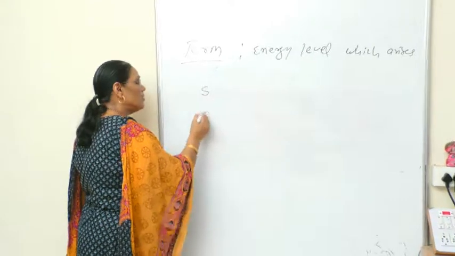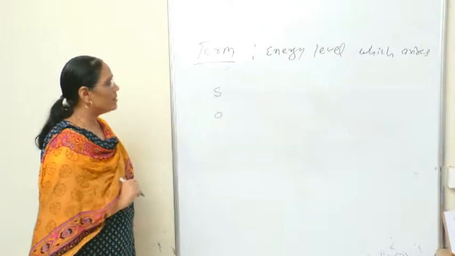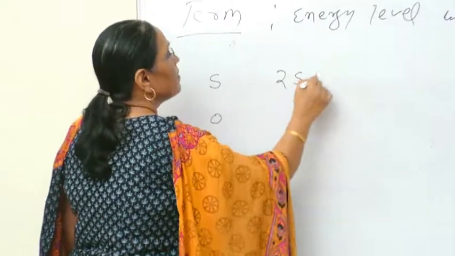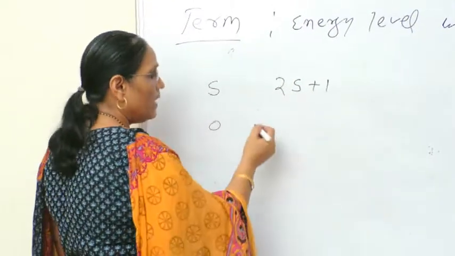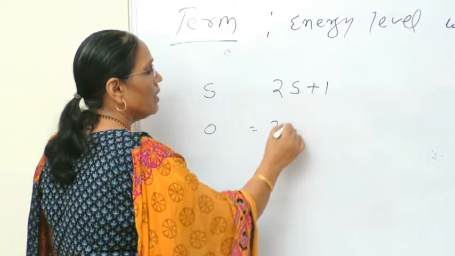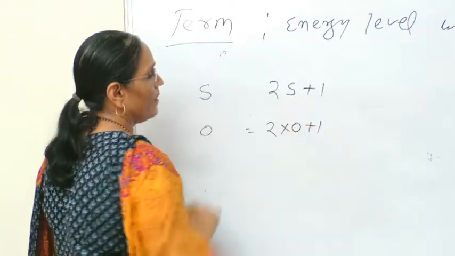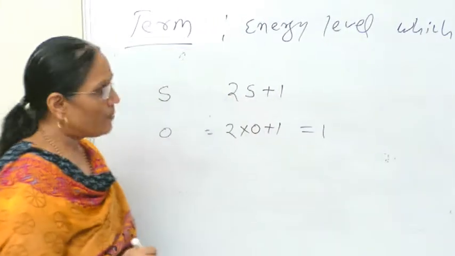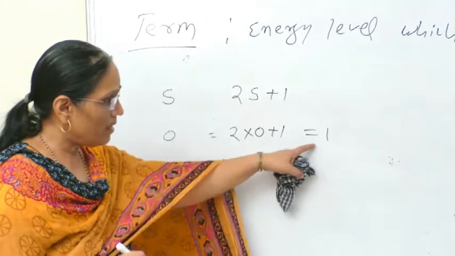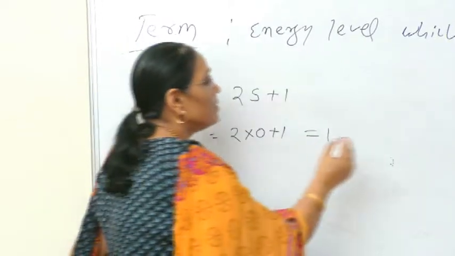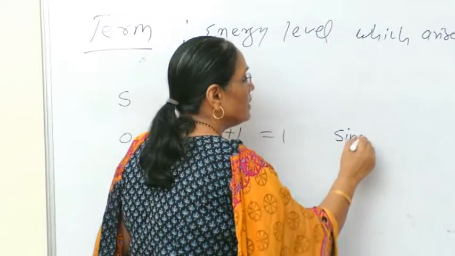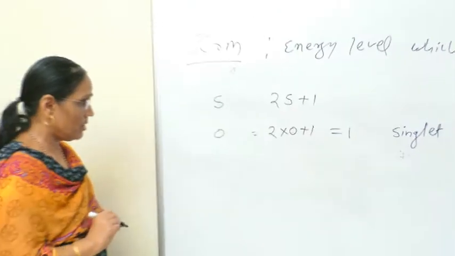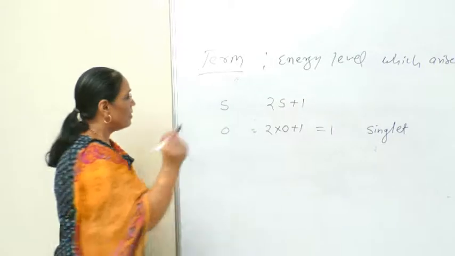Suppose S, the total spin, is 0, meaning all the electrons are paired. Then 2S plus 1 is 2 into 0 plus 1, which equals 1, so the spin multiplicity is 1 and the term is called singlet. Only one spin value is possible, because all the electrons are paired.